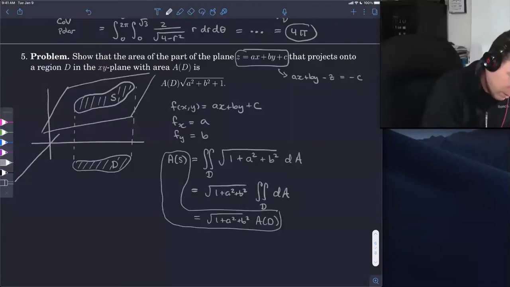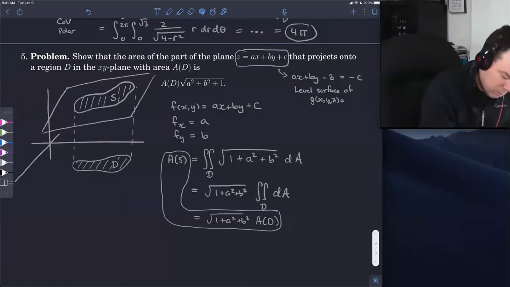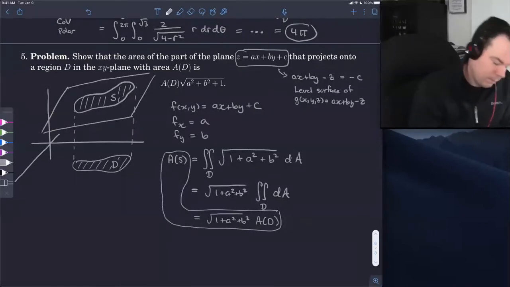And so now I can think of this as a level surface of this function g of x, y, z equal to ax plus by minus z.